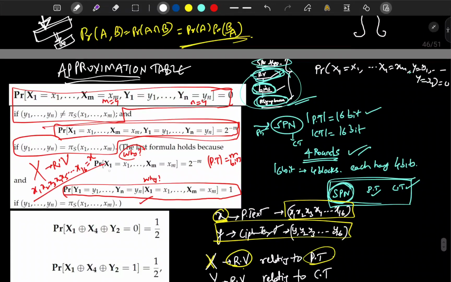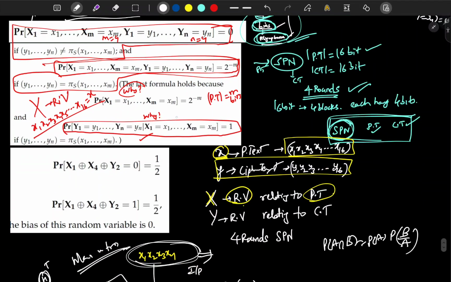Like that here also, since capital X is known to us and the S box is open and fixed, you will get a definite output. Okay, understood? So the probability equals 1. And the probability of this other thing equals 1 by 2 power n. Why so?